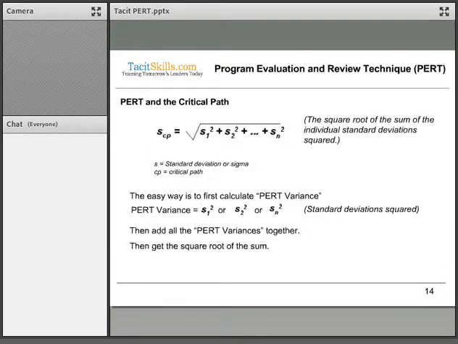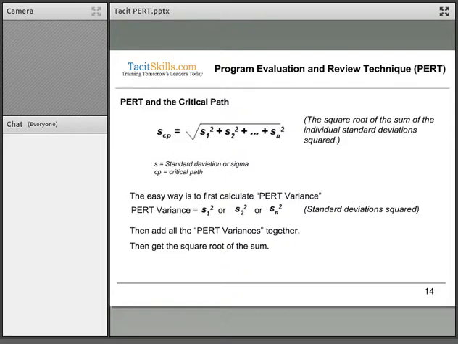So to calculate the sigma or standard deviation for the critical path, we are going to take the square root of the sum of the squares of the individual standard deviations: first determine the square of each and every one of them, and then calculate the square root of the sum of all of them.